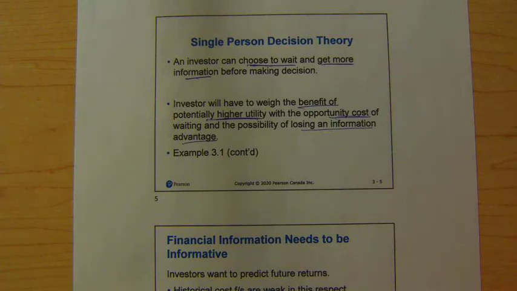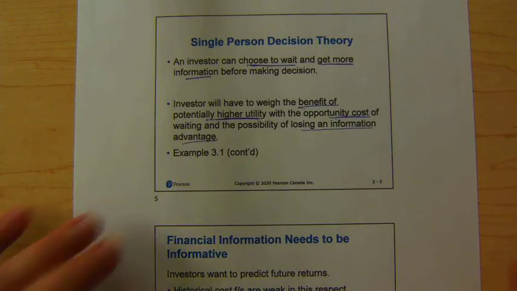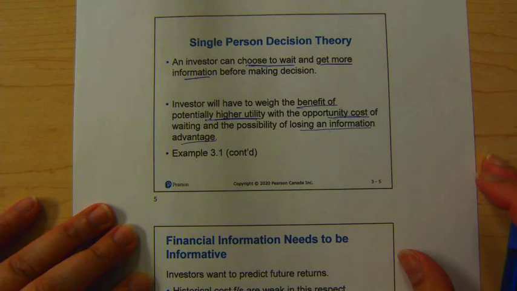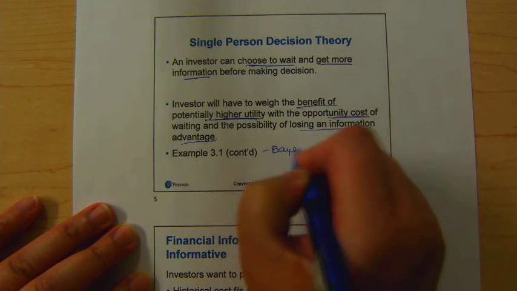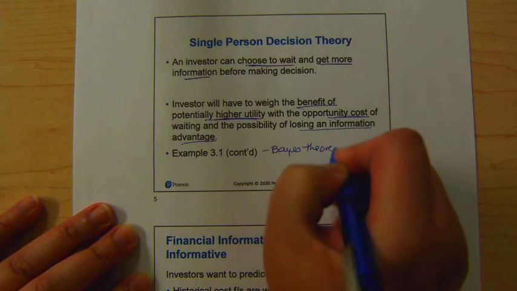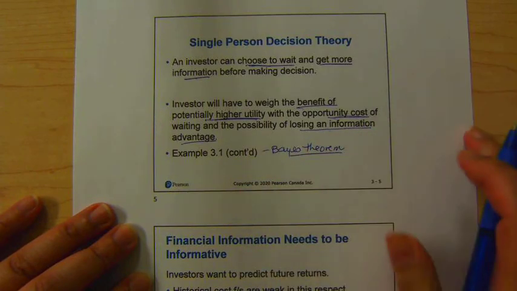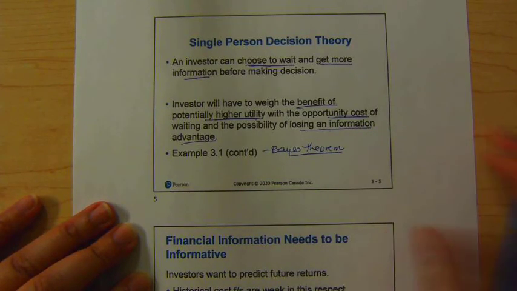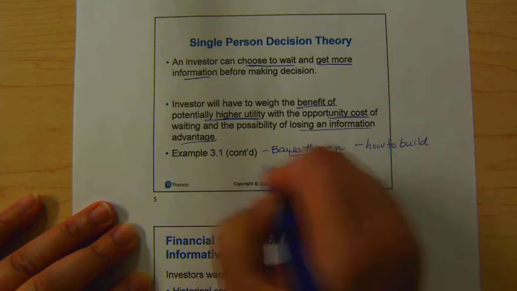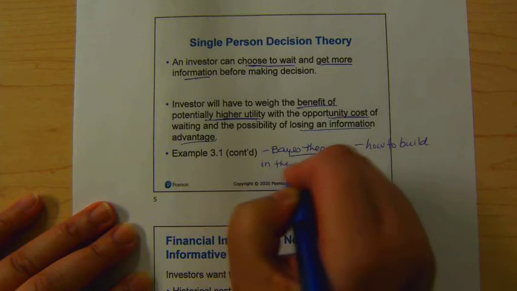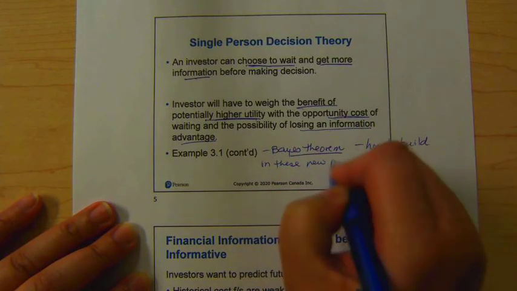Now, example 3.1 continued goes into Bayes' theorem, which looks at how to build in these new probabilities.